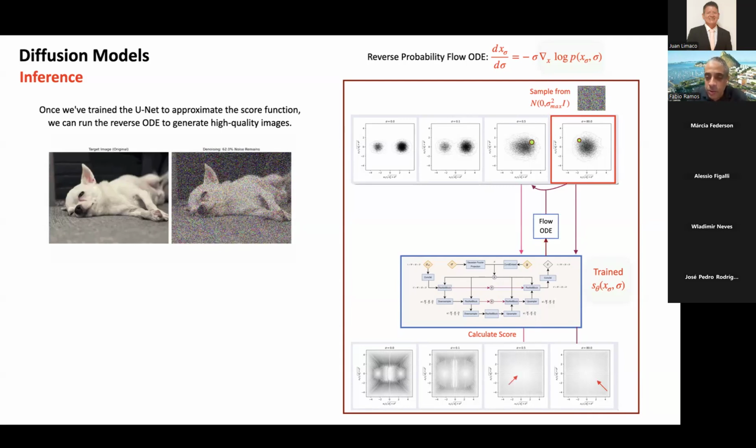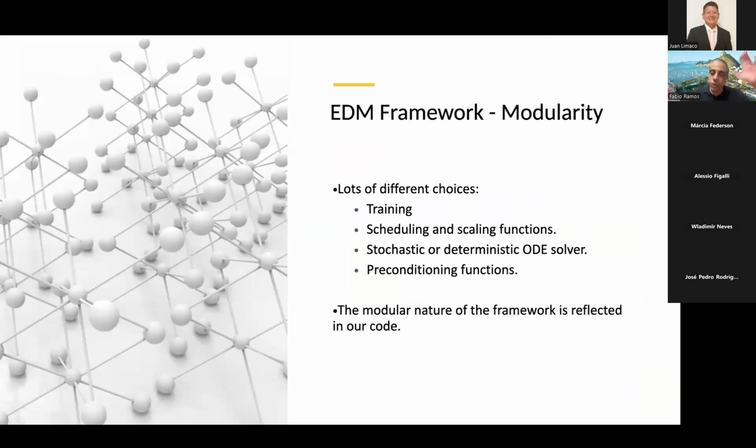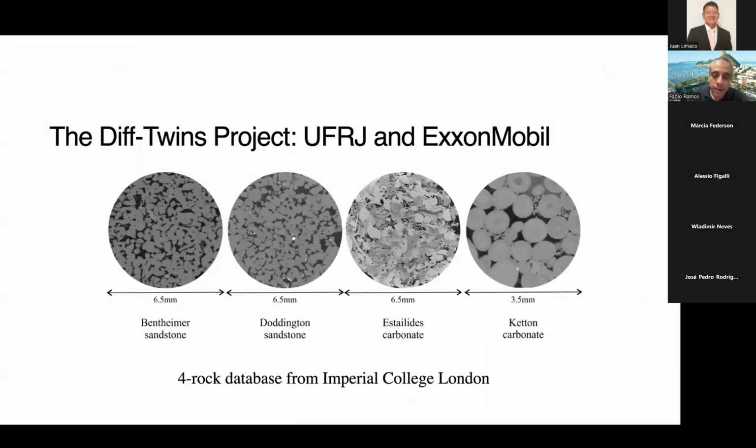And then I calculate the score with my neural network, I plug in the ODE and go one step back, and do this again until I get the original image. And then you have lots of choice, and it's pretty expensive and difficult to train this thing. You need big machines. We have some big machines in the project.